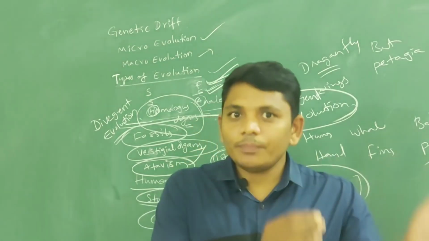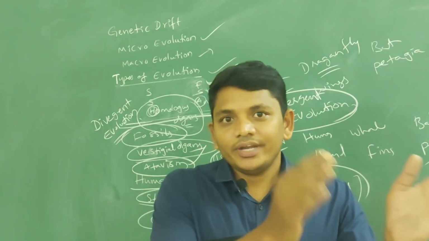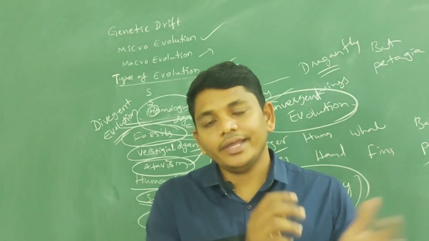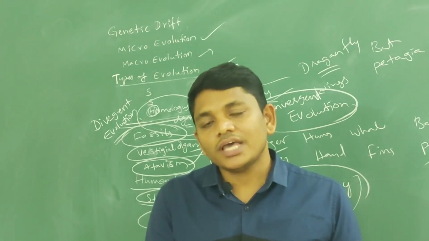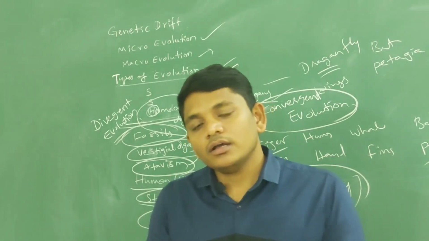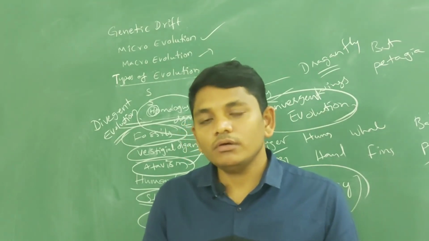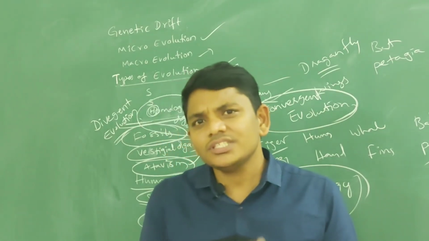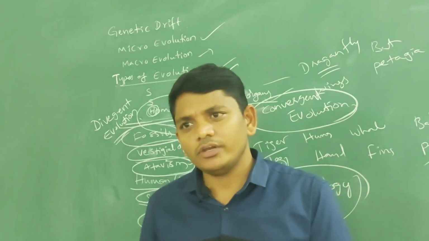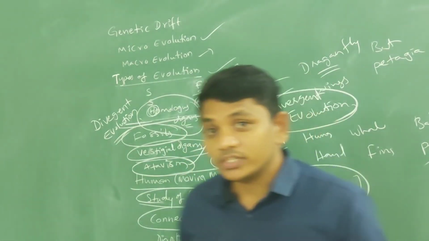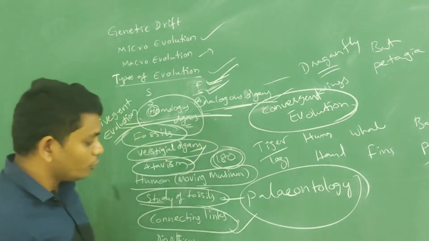Once upon a time there were dinosaurs. These dinosaurs developed into birds. This is called evolution. In our textbook there is a connecting link called Archaeopteryx.